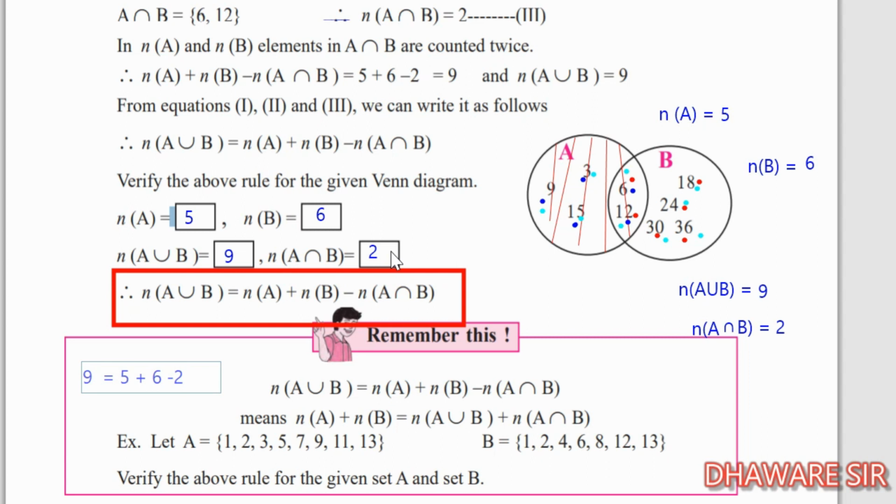If there is an equation, the two sides must be equal. On the first side, 9 is equal to 5 plus 6 is 11 minus 2. So 9 is equal to 11 minus 2, 9. So this is the right equation. If there is an equal sign, the two sides must be equal. So we have seen that n of A union B is equal to n of A plus n of B minus n of A intersection B. So this is our formula.